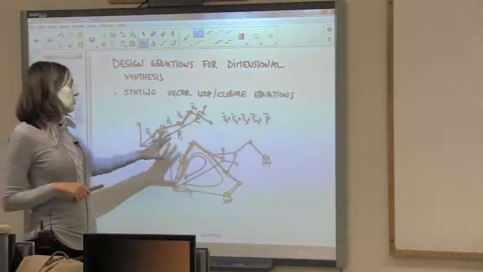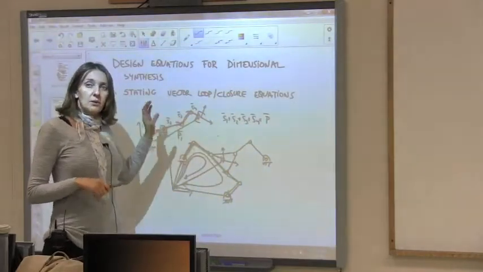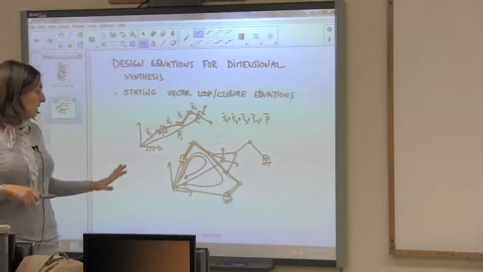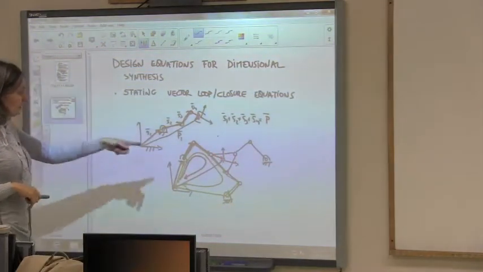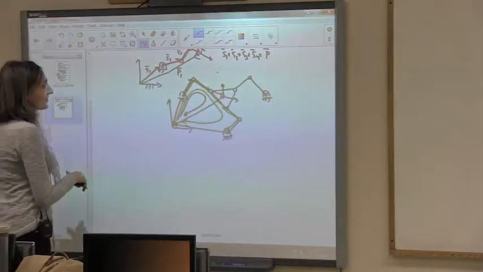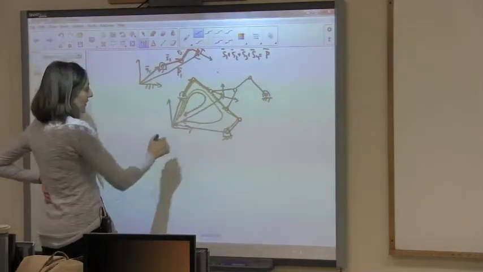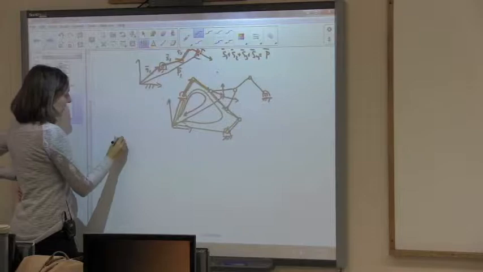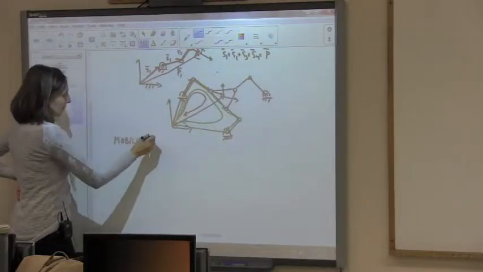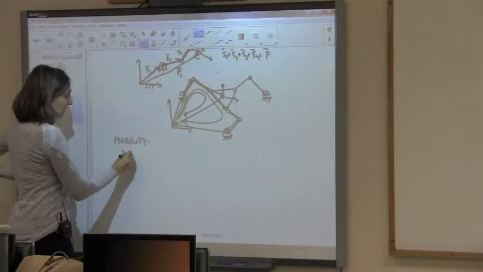This is a method that works very well for planar linkages. It becomes a little bit more complicated for robots that move in 3D, okay? But this is the method. And now let's talk about the mobility. This is a planar robot. Let's just do this little exercise so that you can practice. Planar means it moves on a plane.